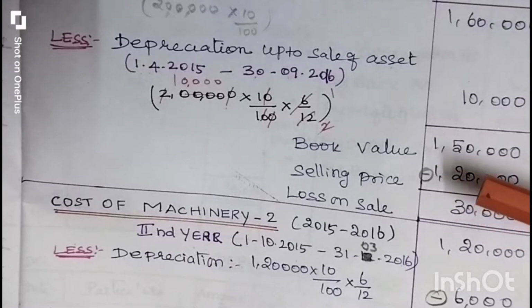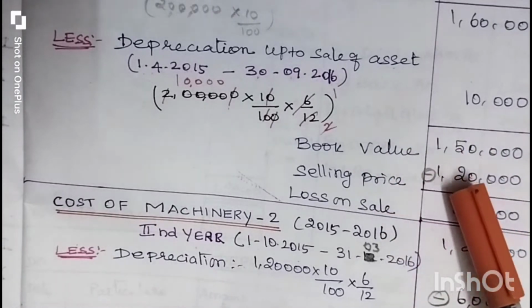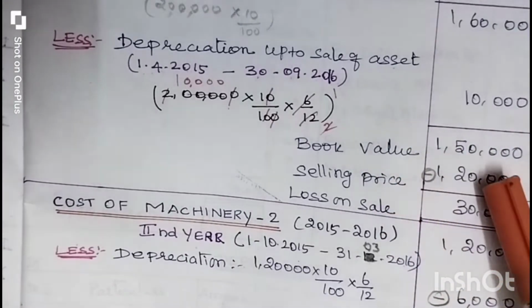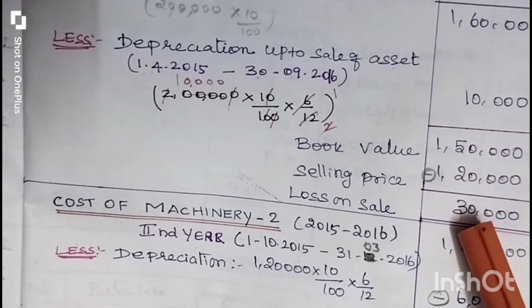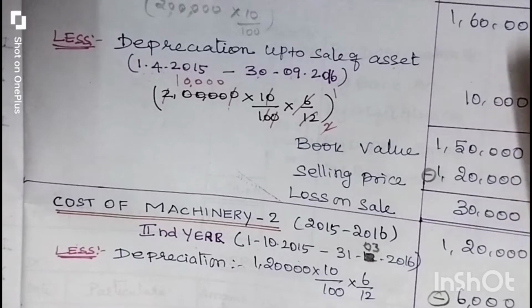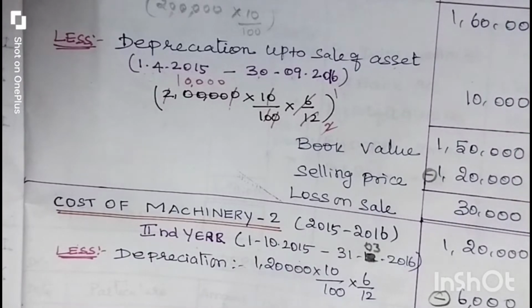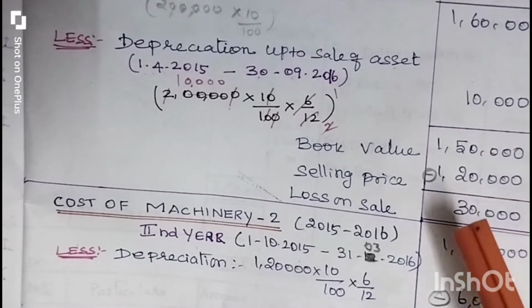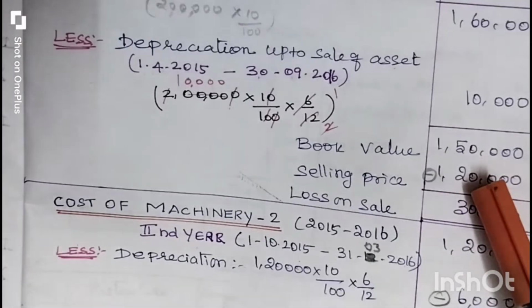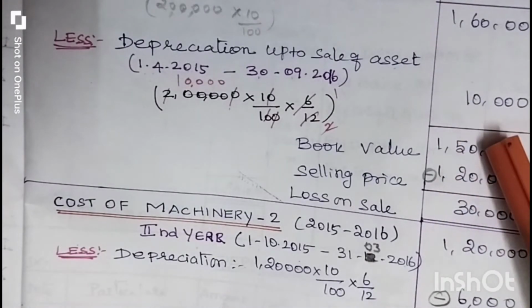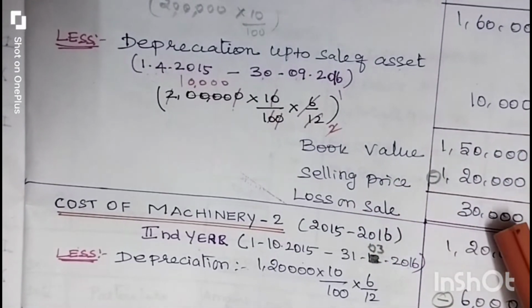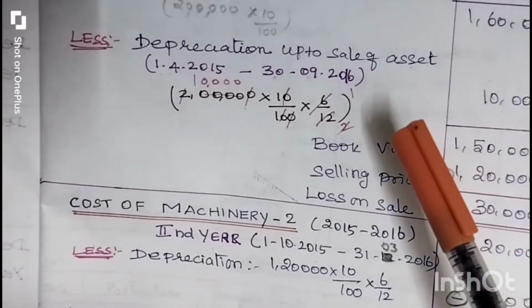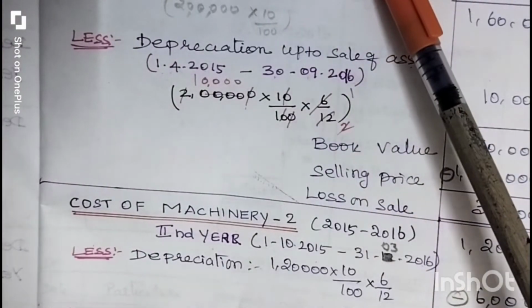When the selling price is less than the book value, you get a loss. Whenever the selling price is more than the book value, you get a profit. Here the selling price is less than the book value, so Rahul gets a loss on sale of rupees 30,000. That is the first machinery's value.